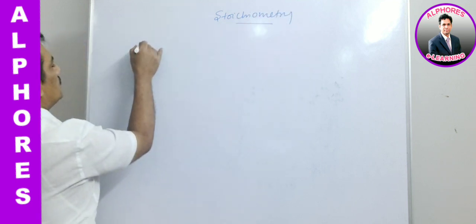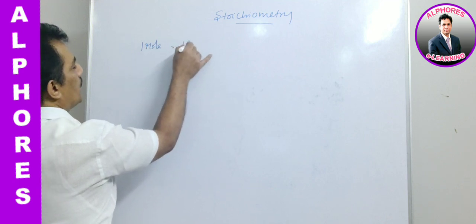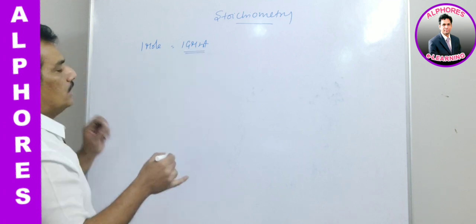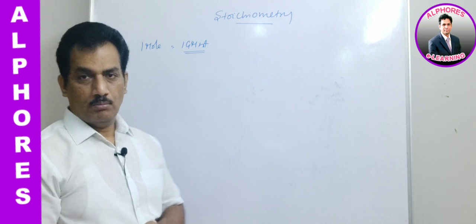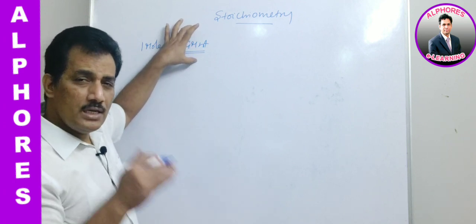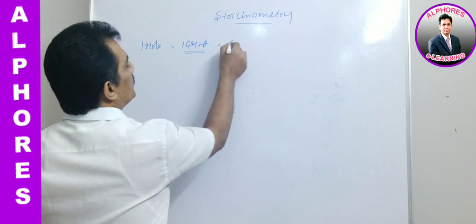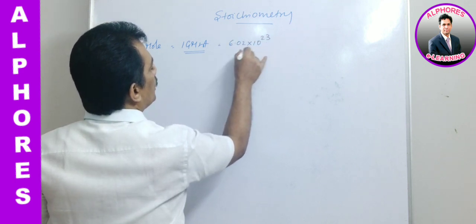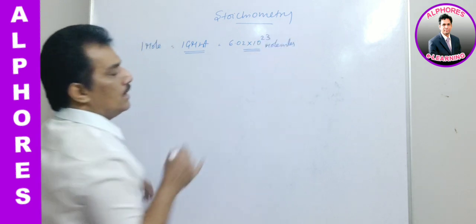Here it is 1 mole. We discussed it is equal to 1 gram molecular weight. If you recollect, the gram molecular weight of different substances may be different, but the number of molecules present in 1 gram molecular weight of any substance is the same, and this is equal to 6.02 × 10^23 molecules.